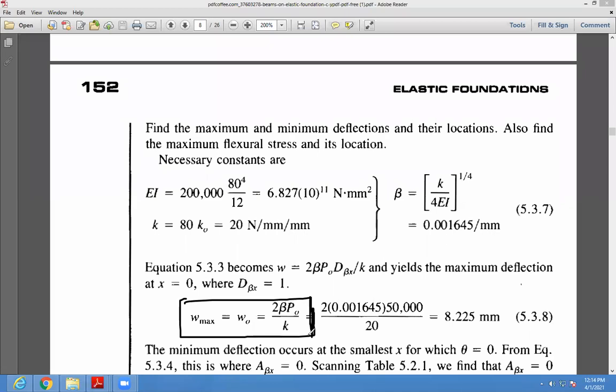At x equal to 0, you get the maximum deflection. So W max is equal to W naught is equal to 2 beta P naught by K. So put the value of beta, P naught and K, and check whether it is 8.225 mm or not.